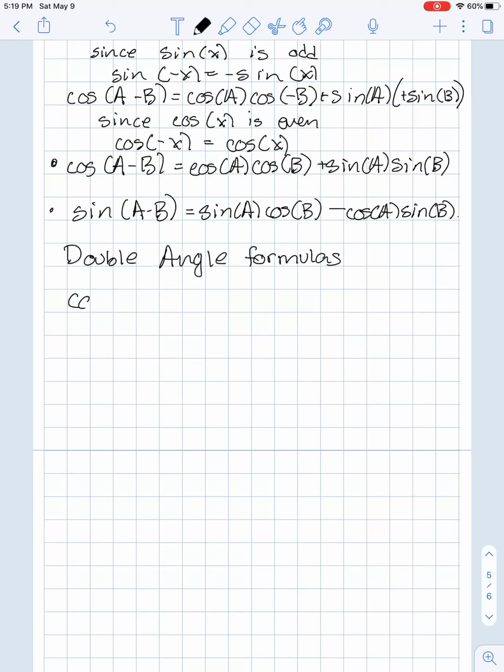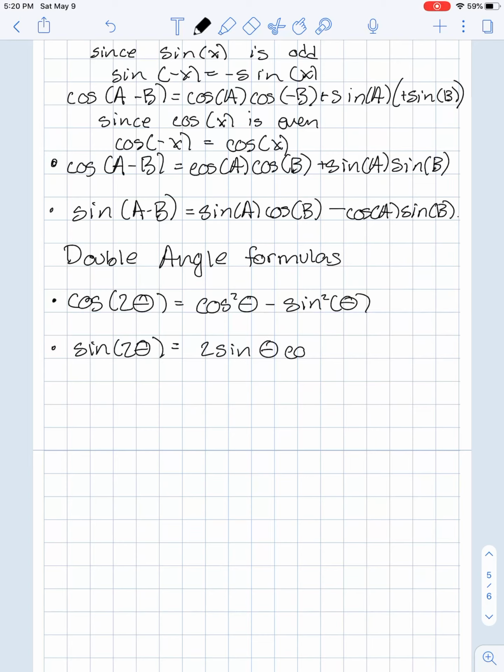If you plug A plus A into the cosine addition formula, we usually like to use theta now, so cosine of 2 theta equals cosine squared of theta minus sine squared of theta. Similar for sine, we'll have sine of 2 theta equal to 2 sine theta cosine theta.